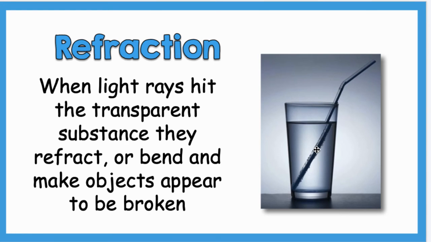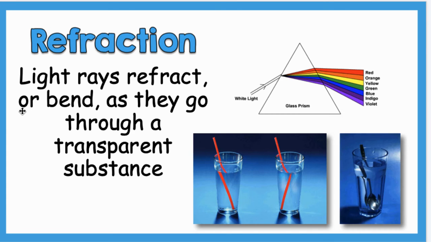It's when the object appears to be broken or bent. Okay, so we're going to talk more about it. And then light rays refract or bend as they go through a transparent substance, like a prism. When light travels through a prism, it bends. And then you see the straw. You see how the straw appears to be broken or bent in a cup. And then there's this cup as well, all right.